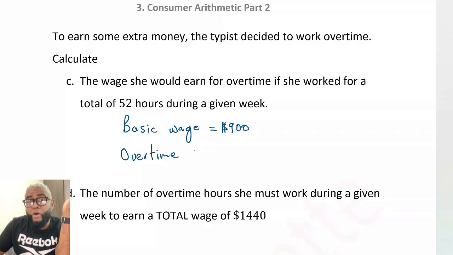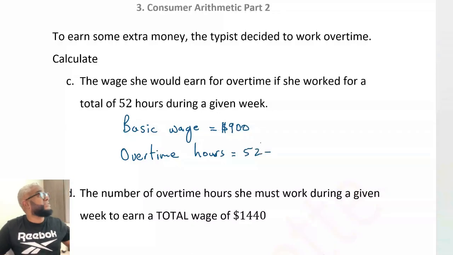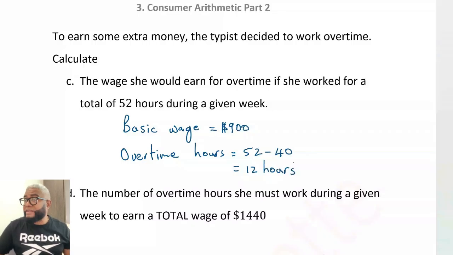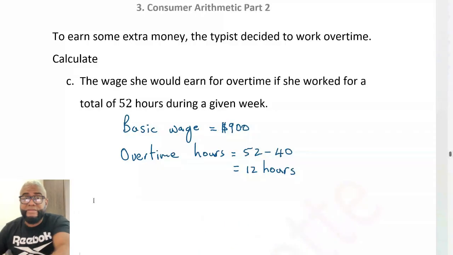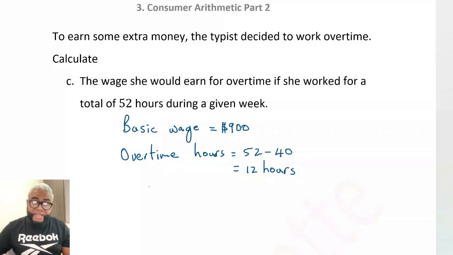Overtime hours will be 52 minus what she works in our basic week, which is 40 hours. That's how we get the 12. So 12 hours is how much she works in overtime. But how much is she earning per hour in overtime? 33.75.